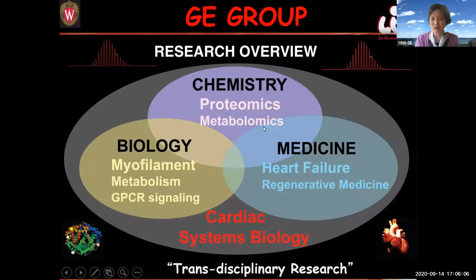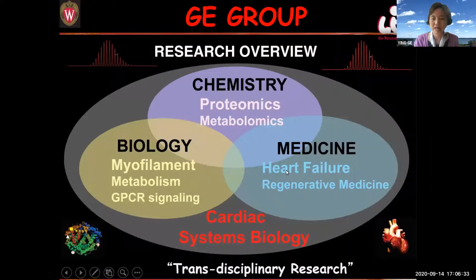I have chemistry students from analytical chemistry, chemical biology, material chemistry, and even recently organic chemists joining us. I have biology students from pharmacology, pathology, and molecular biology programs. So they will utilize these newly developed technologies to address biological questions.